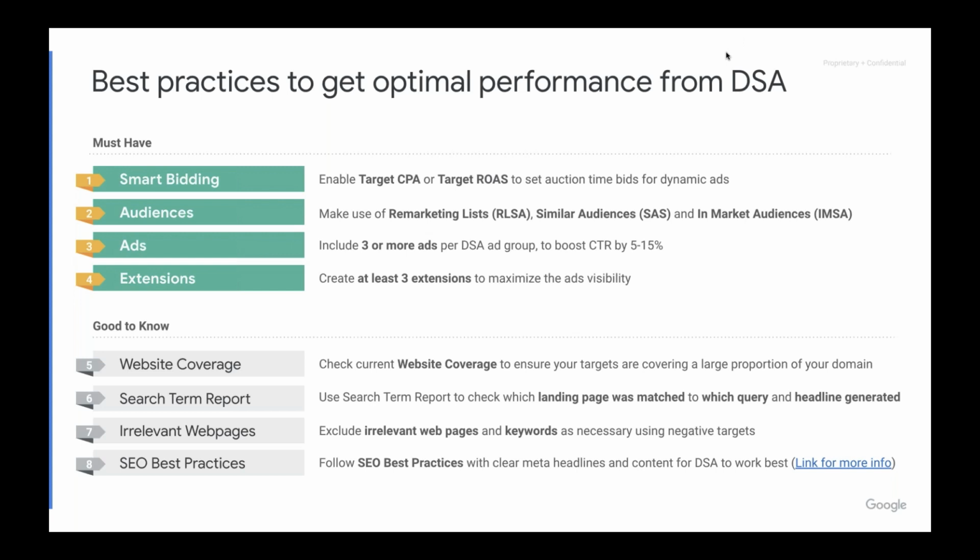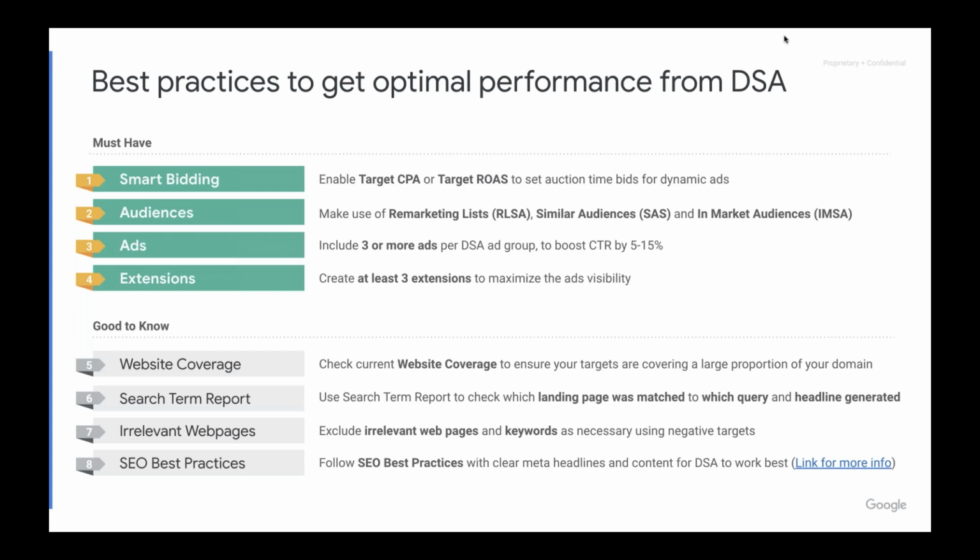So you can definitely overlay those audiences or target specific ones if you want to. And then from the ads perspective, definitely add a lot more different variations of those descriptions, right? So 3 or more ads per DSA ad group, for example, to boost the performance on average by 5 to 15%. So it's important as well.